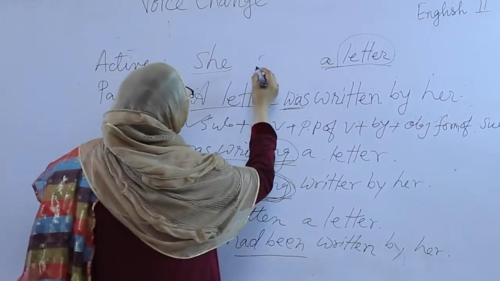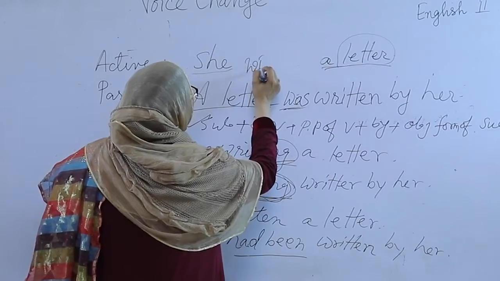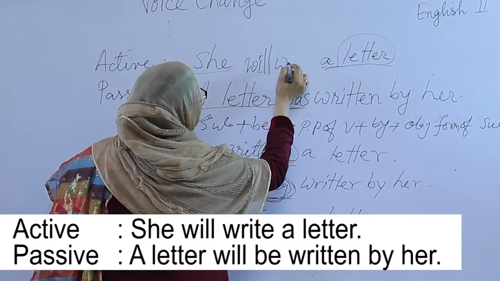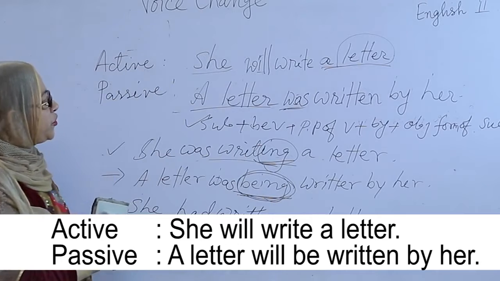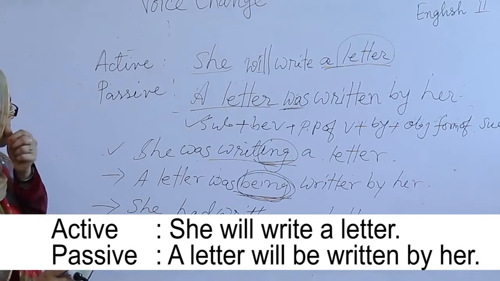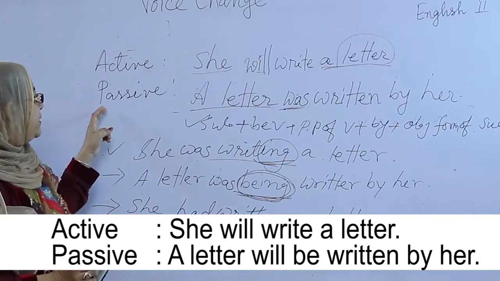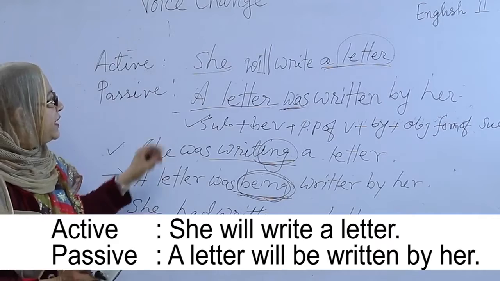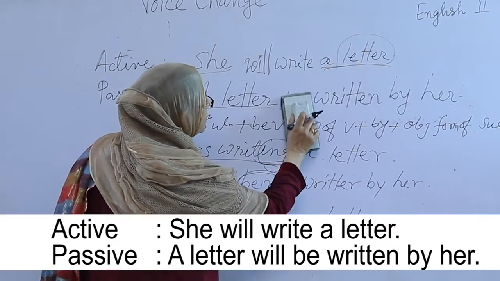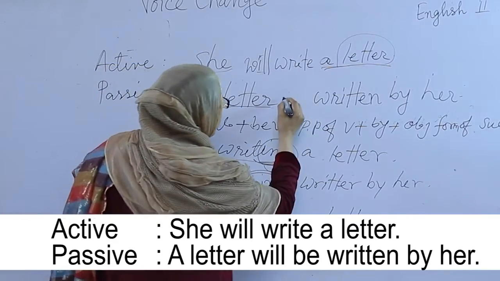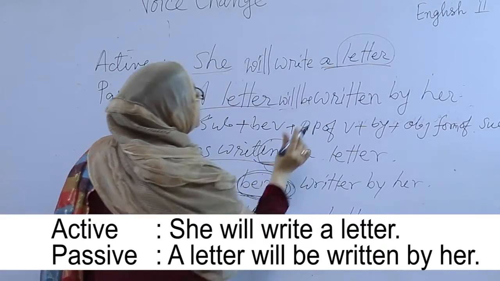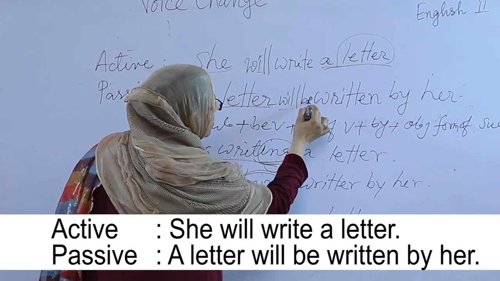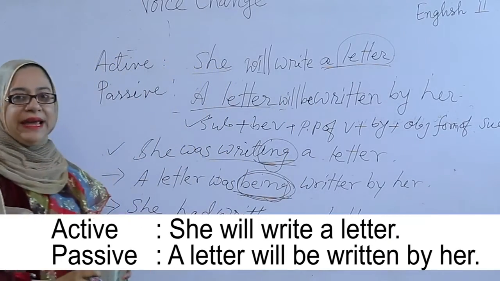Be attentive. She will write a letter. This is a future indefinite form of a sentence. When I turn it into passive, I use: a letter will be written by her.